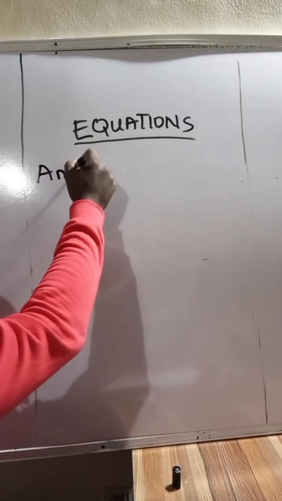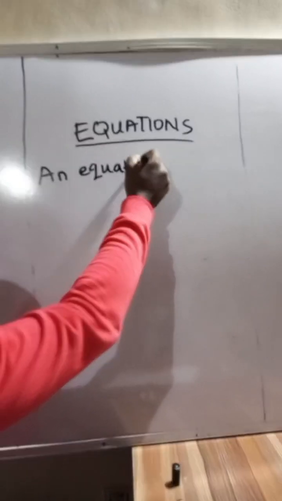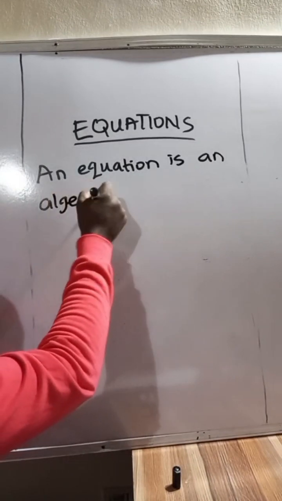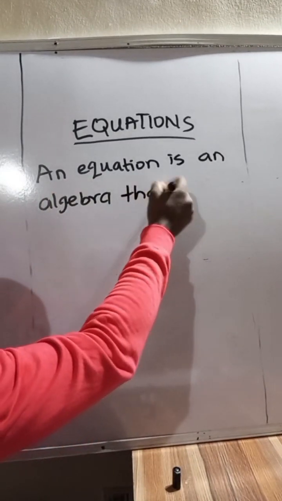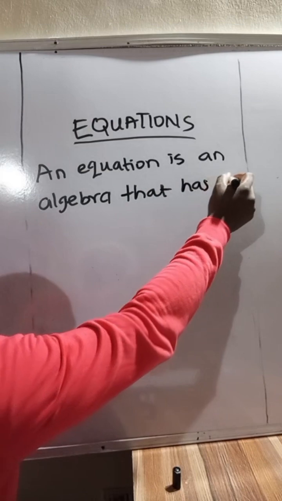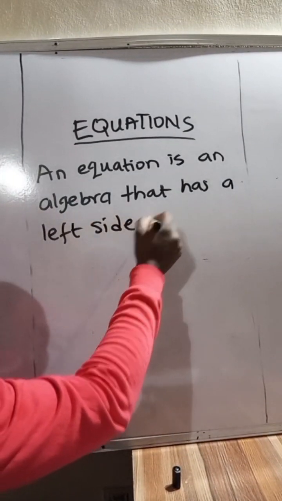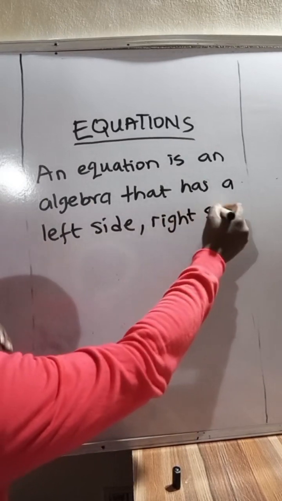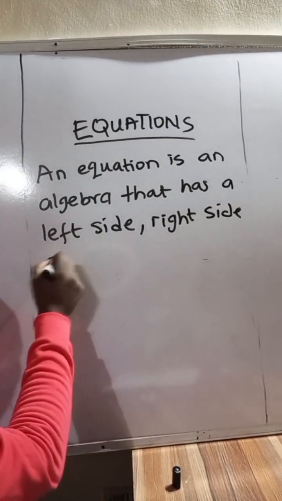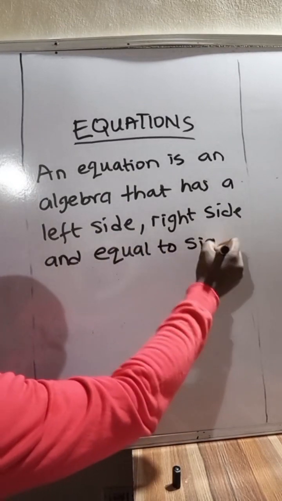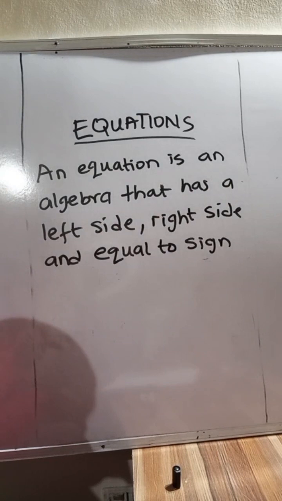An equation is an algebra that has a left side, right side, and equal to sign. So once I explain an equation in this way, my students understand it easily.